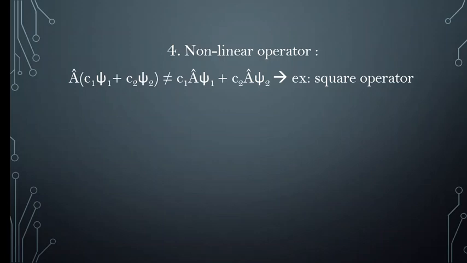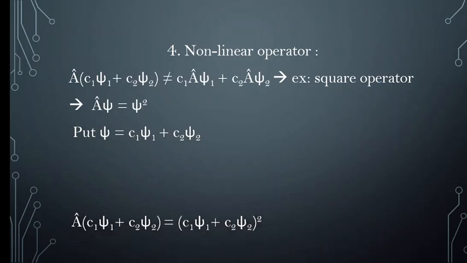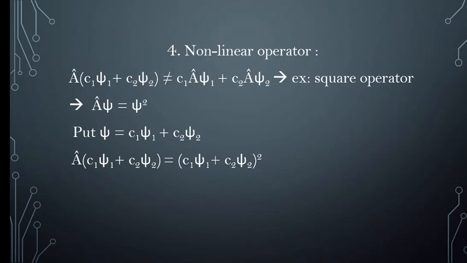Here let us illustrate. A cap operator acting on xi is equal to xi square. Let us put xi equal to c1 xi1 plus c2 xi2. Substituting back, A cap into c1 xi1 plus c2 xi2 will be equal to c1 xi1 plus c2 xi2 whole square.